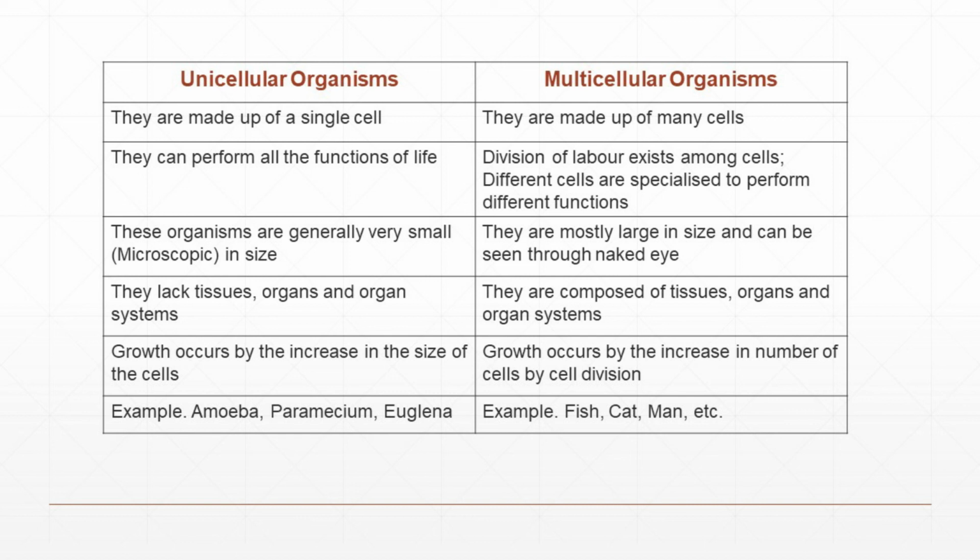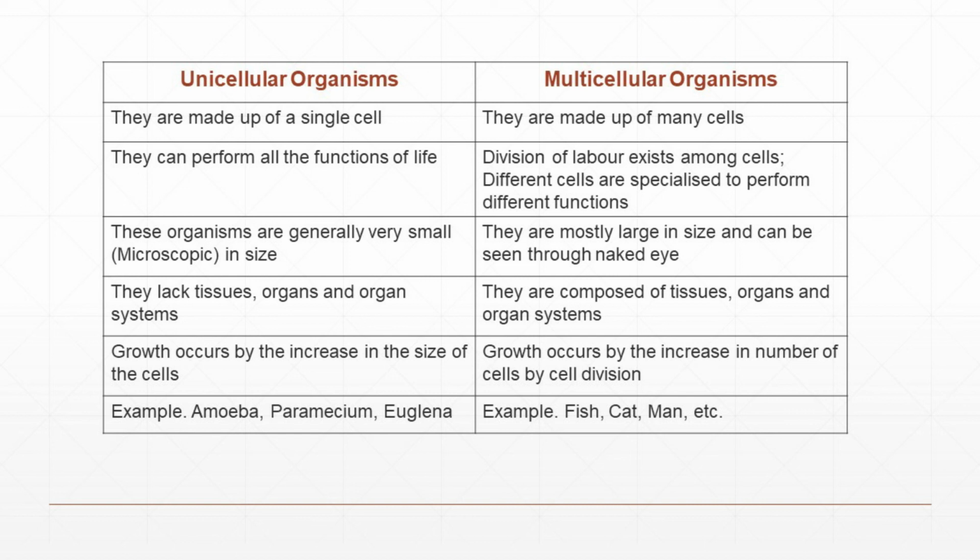So many organ systems form an organism. Next, growth occurs by an increase in the number of cells by cell division. Here many cells are there. If you are growing, the cell division takes place inside the body. Examples: earthworm, fish, frog, lizard, man, etc.